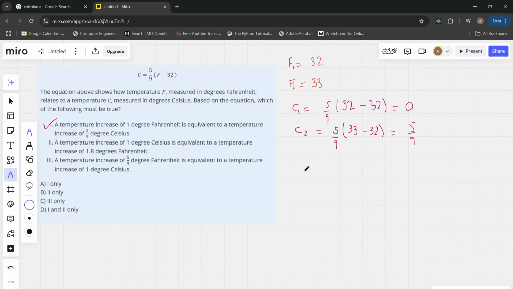So let's try C equals 0 and C equals 1. Let's call this C3 and C4. So C3 is going to be 0, and C4 is going to be 1.